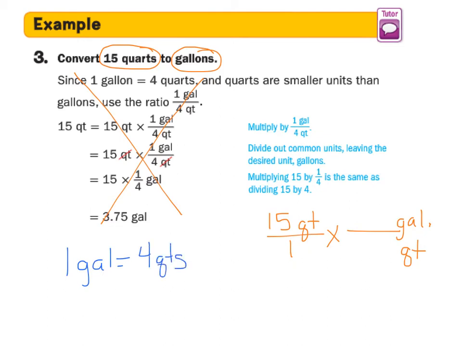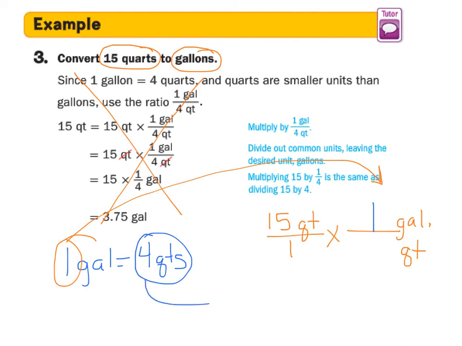So keep the labels. The 1 here now becomes my numerator, and the 4 on the quarts becomes the denominator. So usually we always had the 1 on the bottom, but now because we're going from small to big, the numerator is going to be 1. So now we just continue like regular.